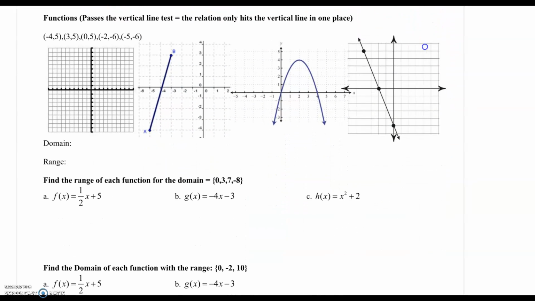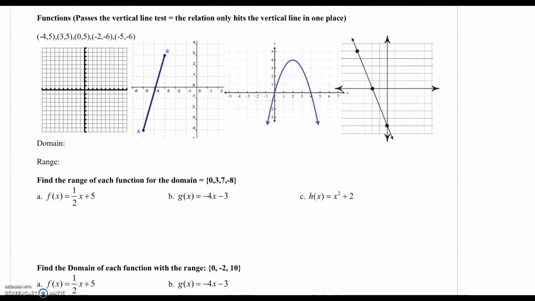Now these are all examples of functions. They pass the vertical line test, which is that it only hits the vertical line in one place.